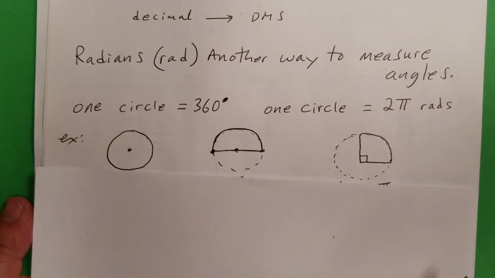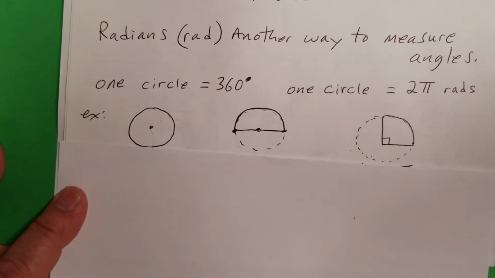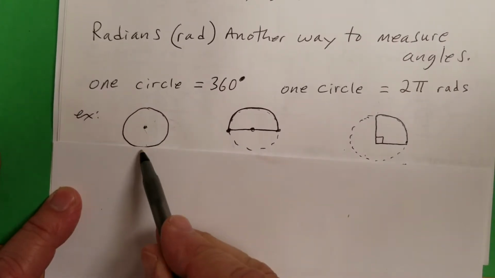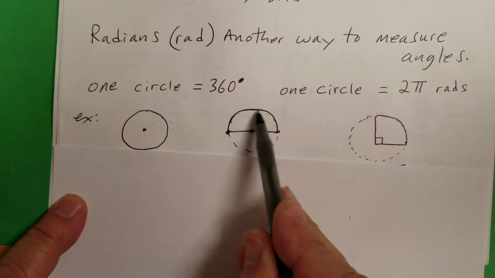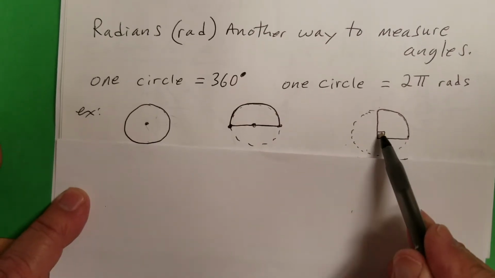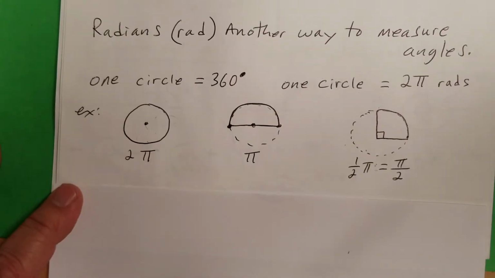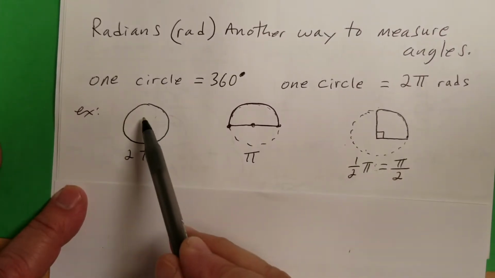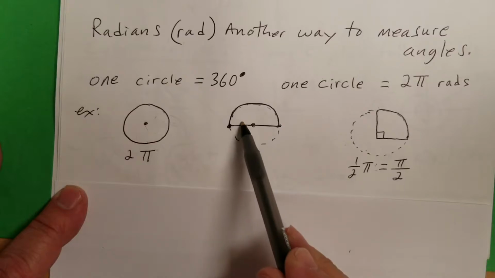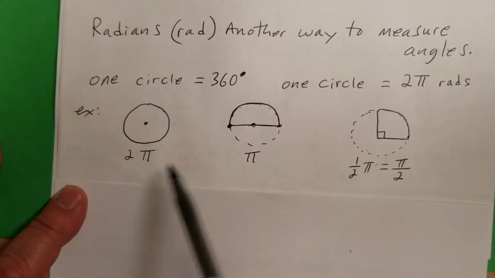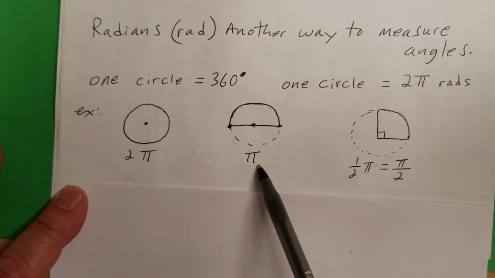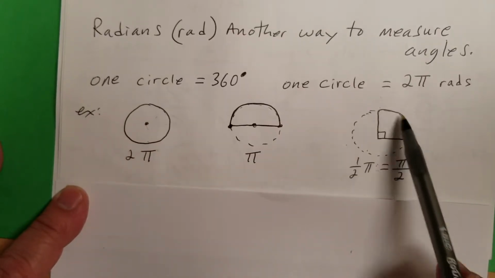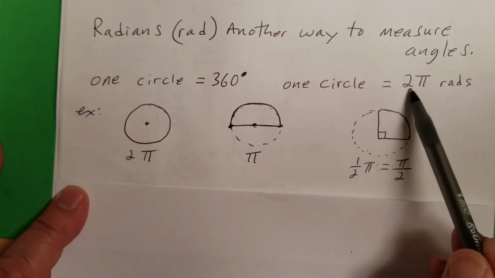So if you look at these simple angles, this is full circle, so that's 360. This is half circle, 180, and this is 90, right? So in terms of radians, this would be 2 pi. This would be half of 2 pi. Think for a second. Half of 2 pi is 1 pi, right? This would be a quarter of a circle, which is a quarter of 2 pi.